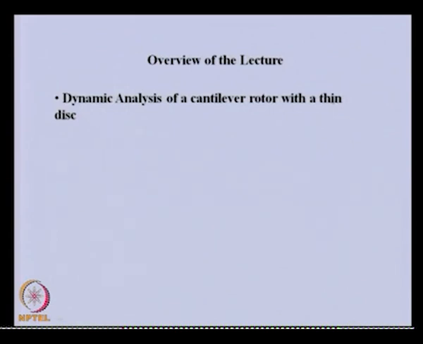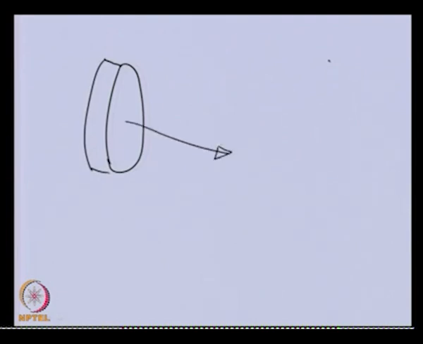In this particular case we will start with, let us say, we are considering a disc like this. This disc is spinning about the z axis, in the positive direction. There are 2 other axes of this disc, x and y.